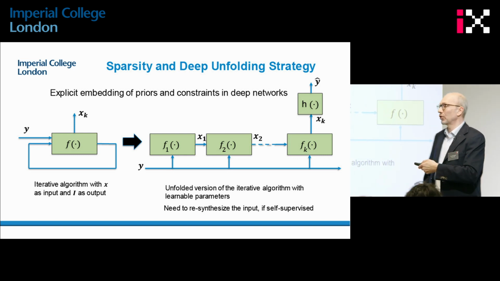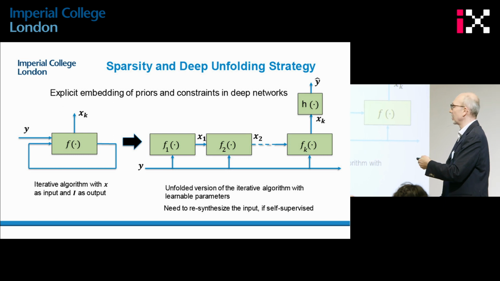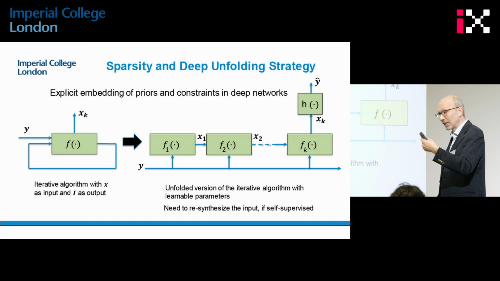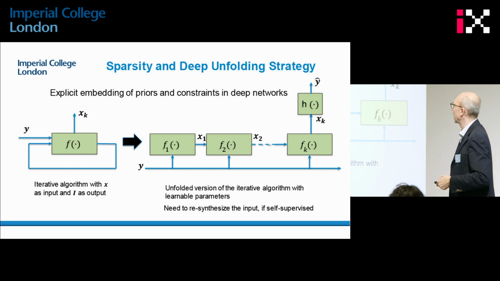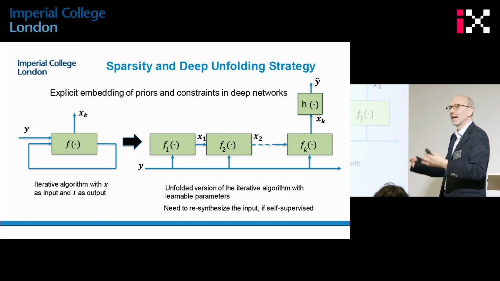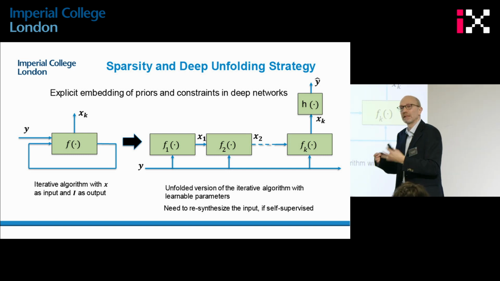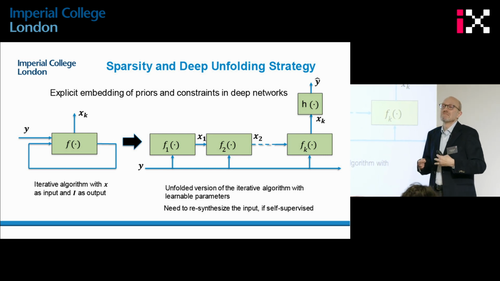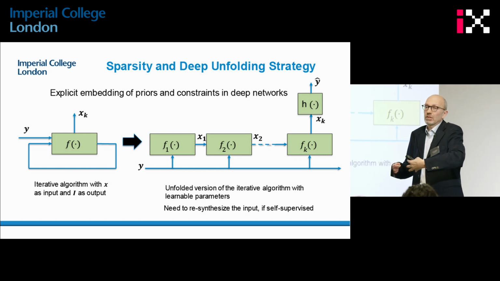Once you accept that you're going to learn the parameters of each of these functions f, you can also allow the parameters at each layer to be different, and so you may end up with slightly different functions at each of these layers. So you have ended up building a relatively complex neural network, but remember that the architecture is really model or physics driven, okay?